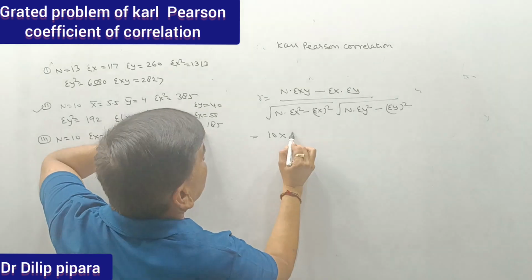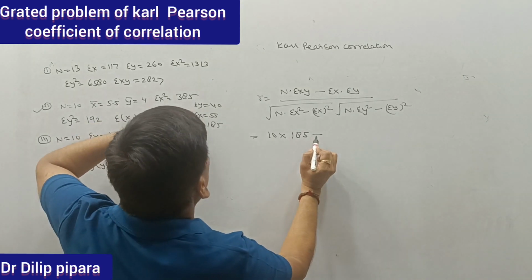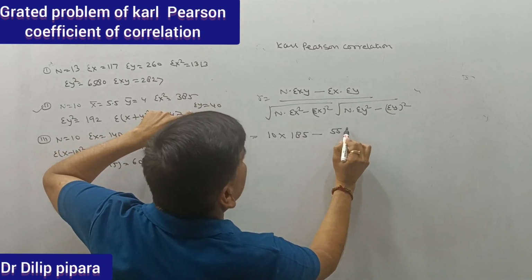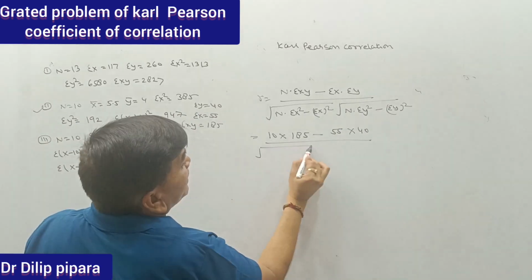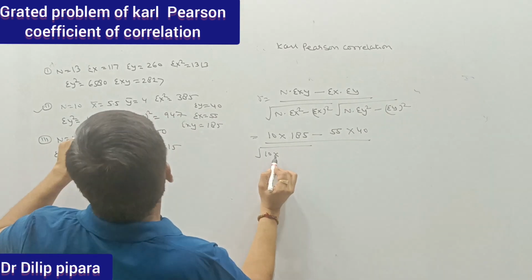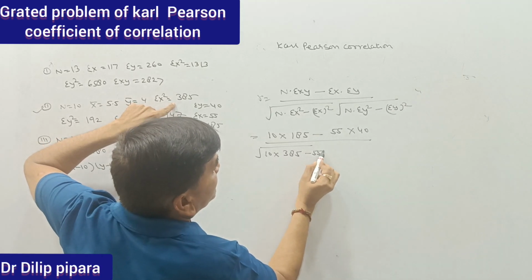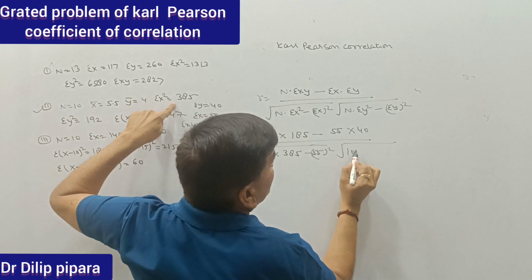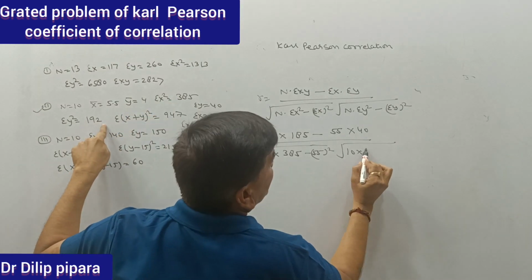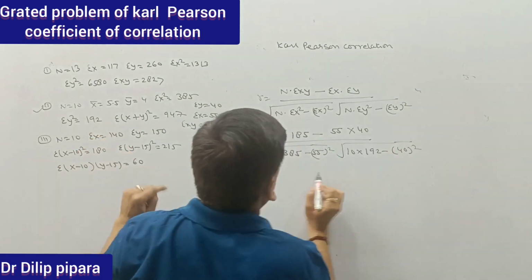Multiply sigma xy, that is 185, minus sigma x value we have calculated, that is 55, and sigma y calculated 40, divided by 10. Multiply sigma x square is given 385 minus sigma x is 55 raised to power 2 in second order root, n value is 10. Sigma y square value is given 192 minus sigma y raised to power 2, that is 40 raised to power 2.